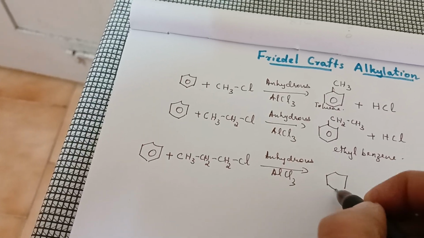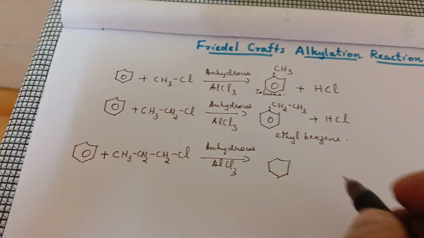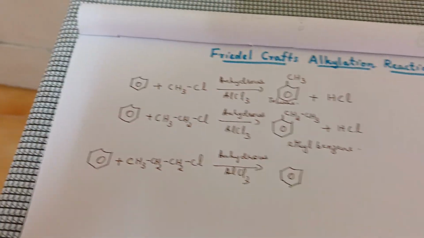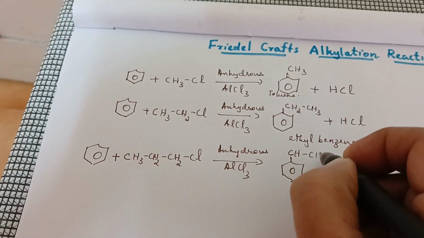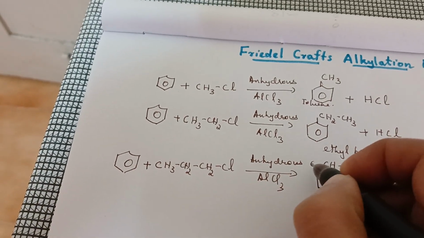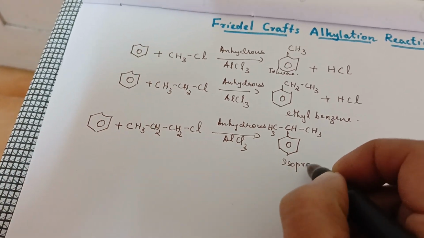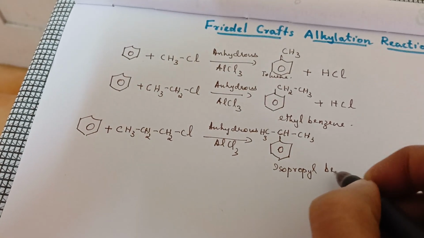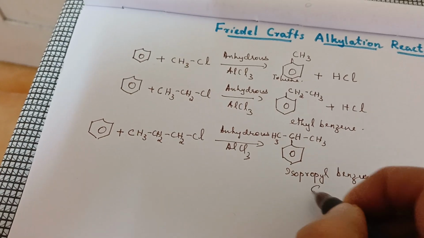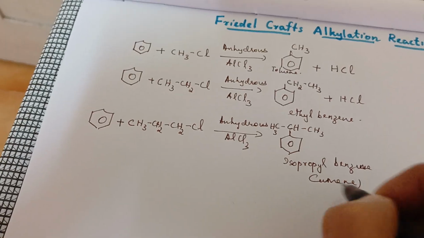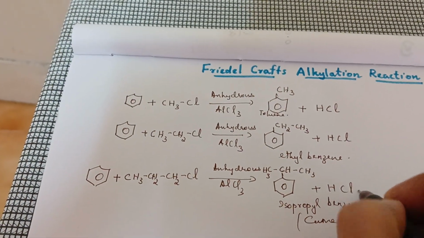You are getting isopropyl benzene. Now you must be wondering why that is so. CH3 CH3, isopropyl benzene, or you call it cumene, and HCl as the byproduct.